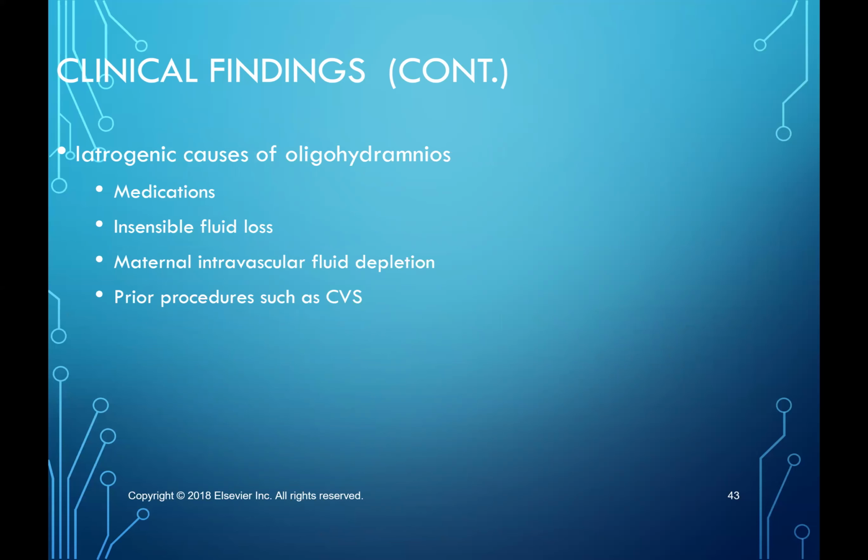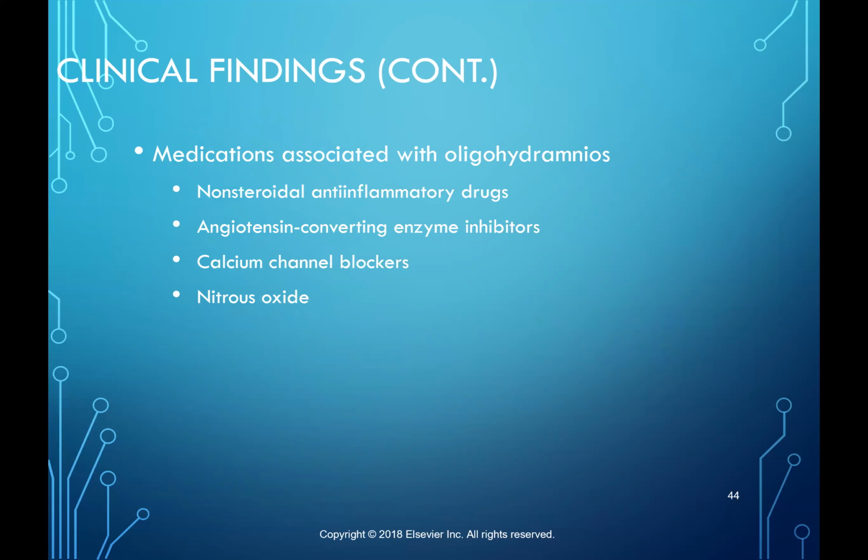Other reasons would be some medications, fluid loss, intravascular fluid depletion, and prior procedures such as a CVS. Medications associated with oligohydramnios are non-steroidal anti-inflammatory drugs, nitrous oxide, enzyme inhibitors, and calcium channel blockers. You don't really need to know these.